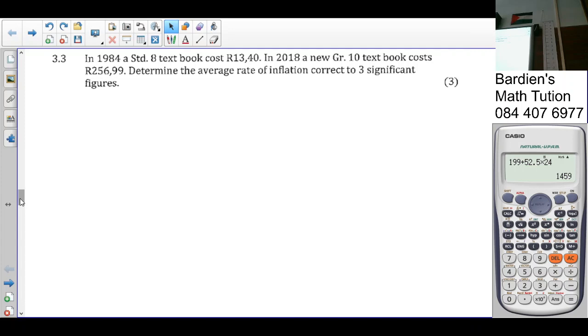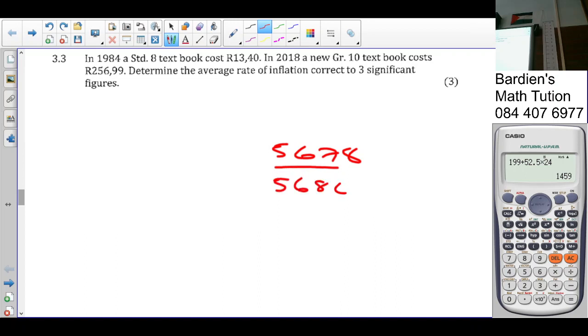What does 3 significant figures mean? Sorry? 3 decimal places, not so? Is it? No. If you got the number 5678, and we ask you to write that to 3 significant figures, this would be 568.